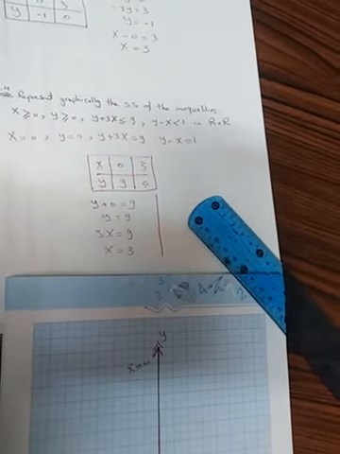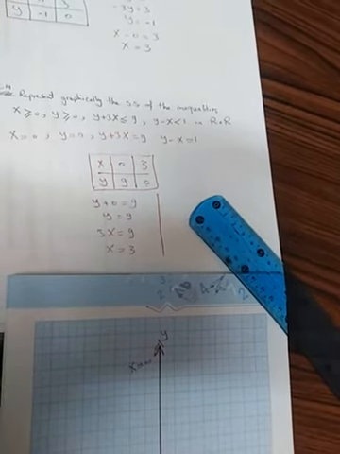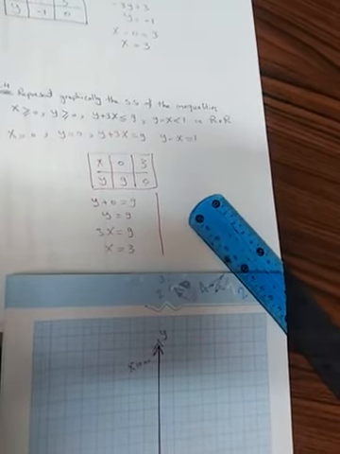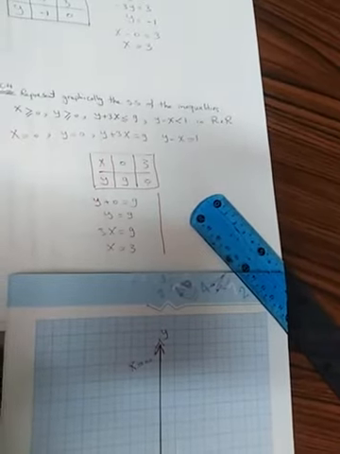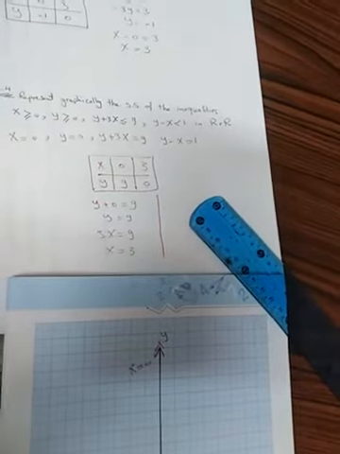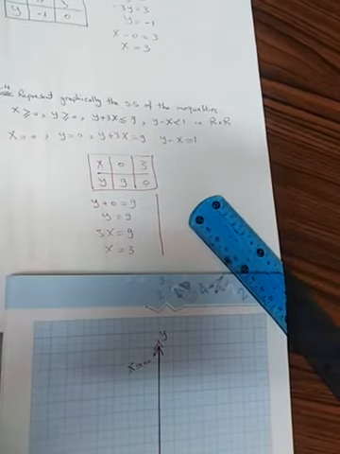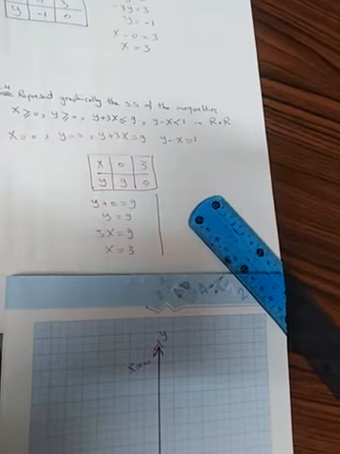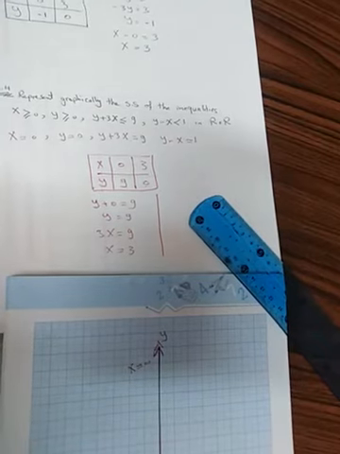Then we will put 0, 2, 4, 6, 8, 10, negative 2, negative 4, negative 6, negative 8, negative 10. We can also use 1, 2, 3, 4, but here it will be negative 1, negative 2, negative 3, negative 4, and so on. By increasing 2, as you see.